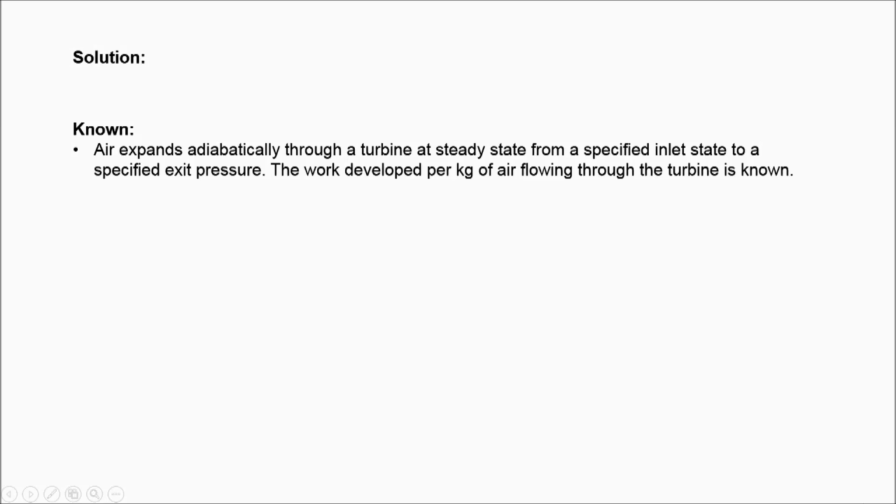The work developed per kilogram of air flowing through the turbine is known. The next thing is to summarize what we have to find. This is again the same information we highlighted in green in a critical read of the problem statement, presented again as a bulleted list. Determine the turbine efficiency.